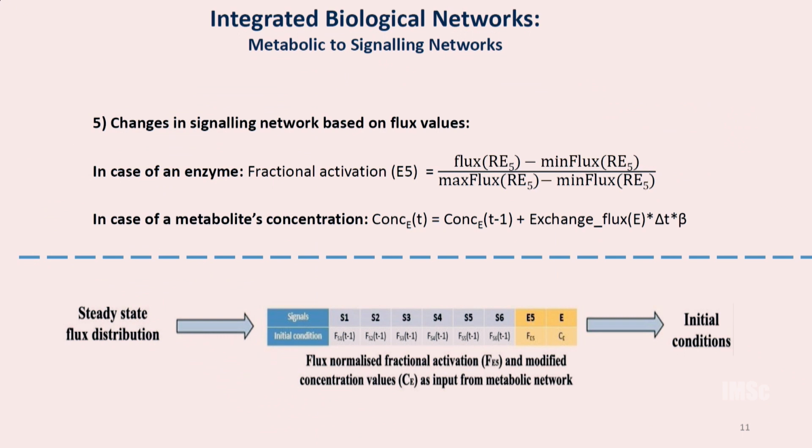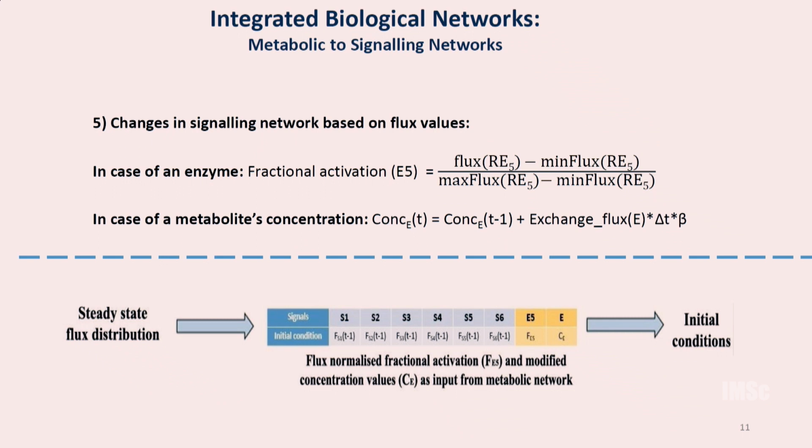Now we have to give feedback from metabolic to signaling, and we can do this in two manners. One is, if a flux is directly affecting the fractional activation, we can update that. Another, which is more interesting, is that often the metabolite concentration itself affects the signaling pathways. In that case, we can use that particular concentration to give feedback to the signaling networks.